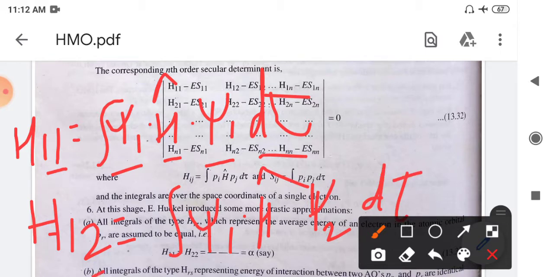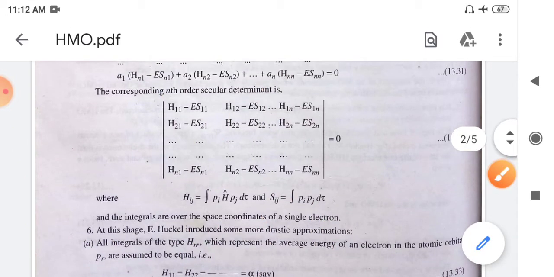These coefficients represent the overall contribution to the energy for the specific orbital. If it is h11, it is simply psi 1 h cap of psi 1. If it is h12, it is psi 1 h cap of psi 2. The same type of expression can be obtained for each and every term.